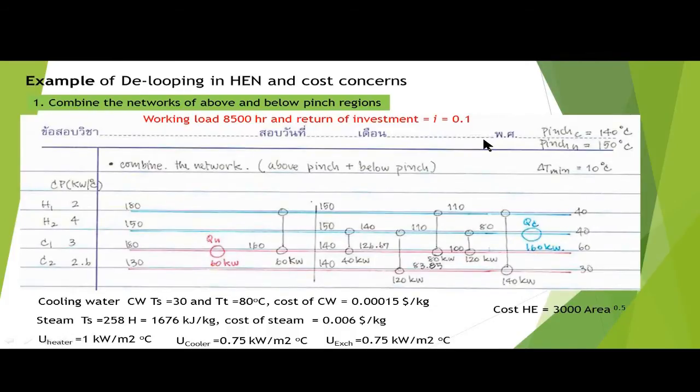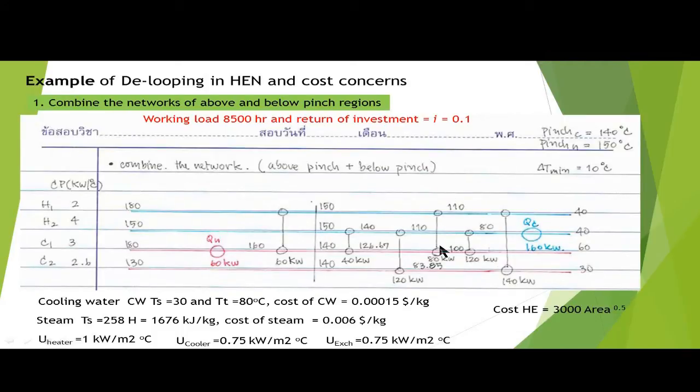Okay, in this case, we need to convert the investment to 1 year, so we will find the cost of operation based on 8,500 hours per year. Alright, then the first thing to do is to put above pinch and below pinch together under the pinch line.